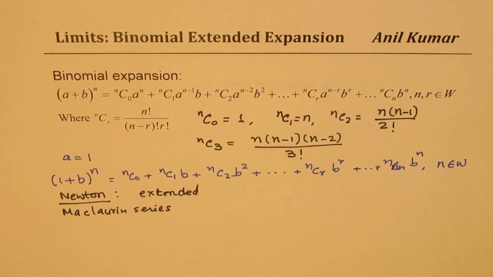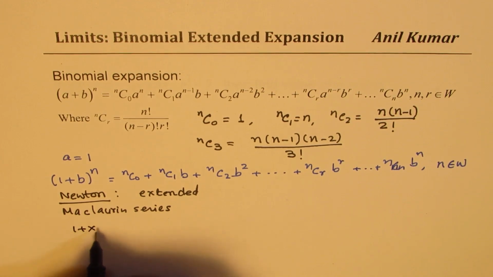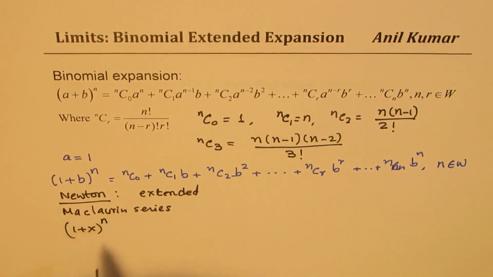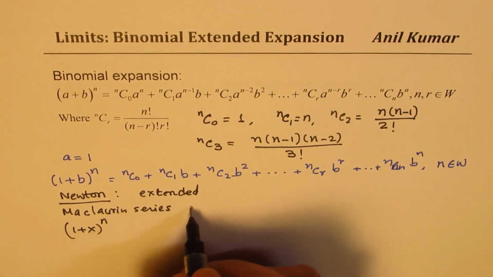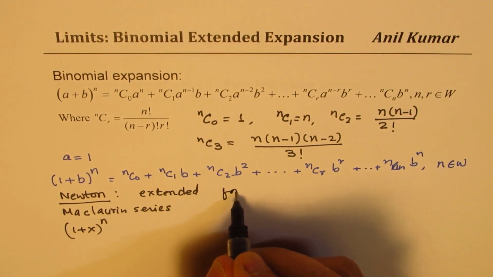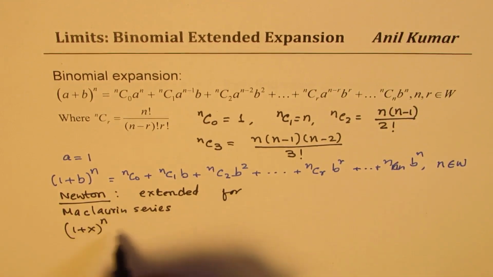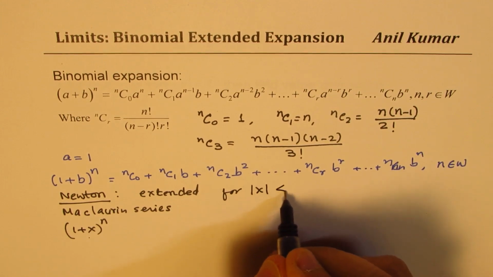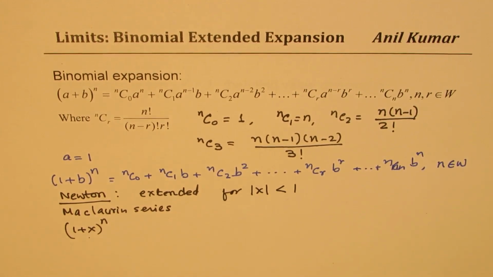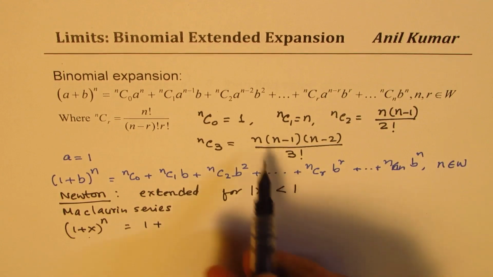So in that case, I'll just give you the result, which is very important for us to take while we solve our questions, right? So if I have 1 plus x to the power of n, and in this particular case, the value of x is expanded for the absolute value of x less than 1, a very special case, right? So in that case, 1 plus x to the power of n could be written as 1 plus the same formula.